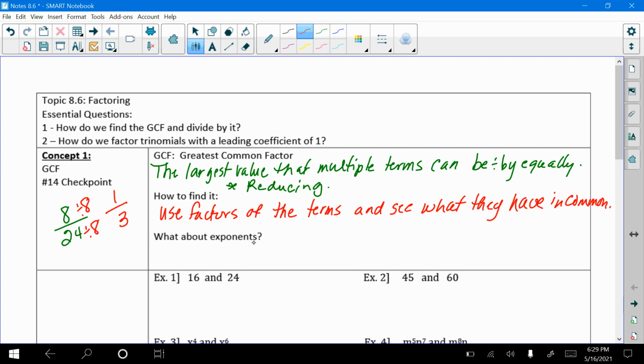But with exponents, you're going to use the lowest degree of each variable.